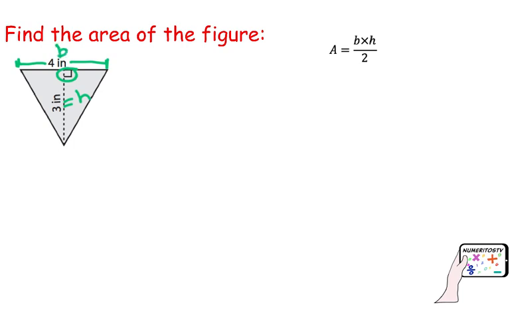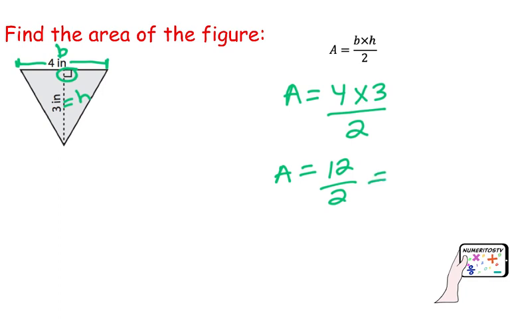Remember that base and height are always perpendicular. So I am going to substitute in my formula. Base will be 4, height will be 3, and don't forget to divide by 2. So 4 times 3, that will be 12, divided by 2, that will be 6 inches squared.